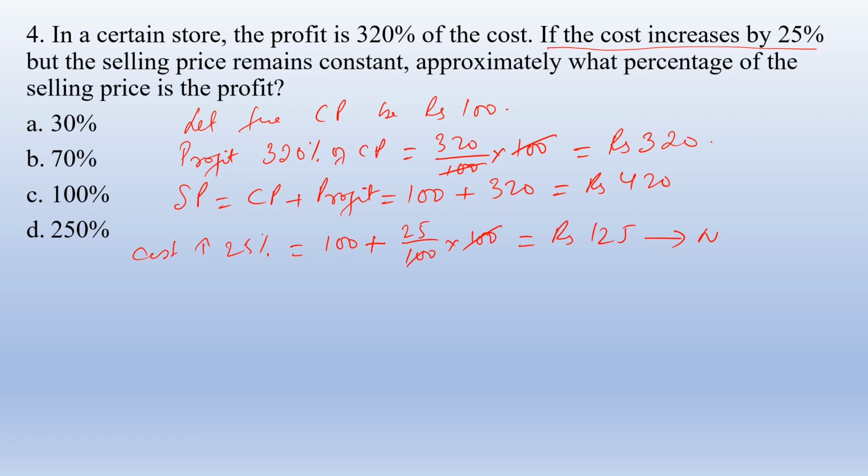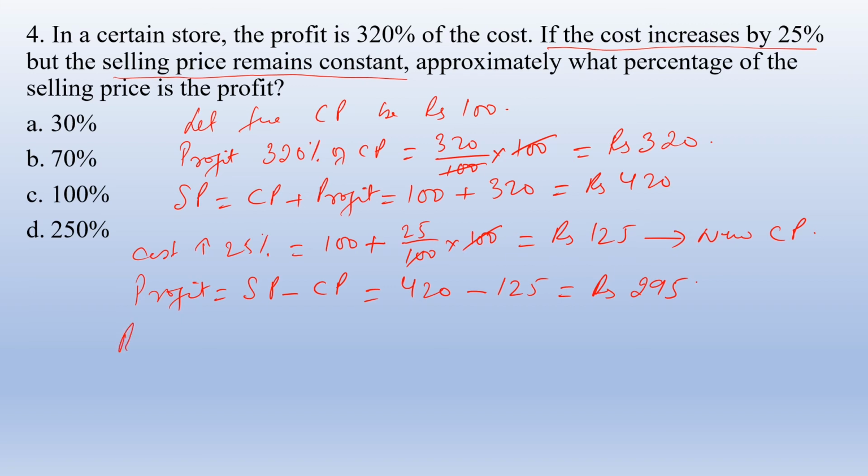This is our new cost price. Now profit is equal to selling price minus cost price. Here the question says the selling price remains constant, so the selling price is 420 rupees and the cost price is our new cost price, that is 125 rupees. So 420 minus 125 is equal to 295 rupees.